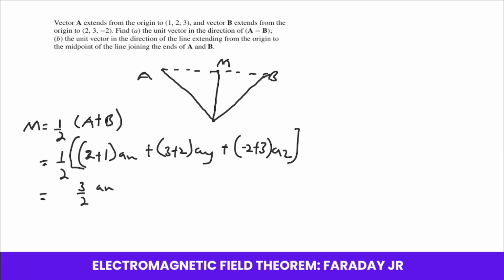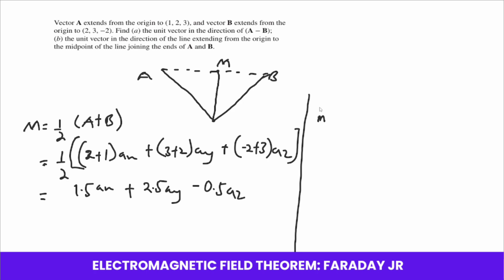Or let me leave them in decimals to make it easy as we go ahead. So 3 over 2 is going to give us 1.5 ax plus 2.5 ay plus 0.5 az.